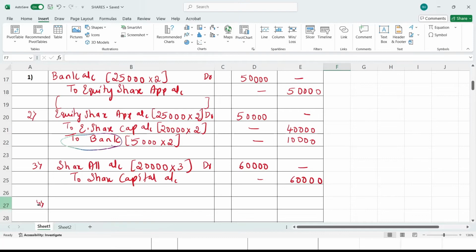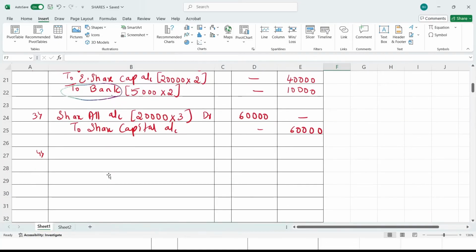After the due entry, what is the next entry? Next is receiving the allotment money. As I already told you, whenever you are going to receive any money, the bank account will be debited. So bank account debited to share allotment account.